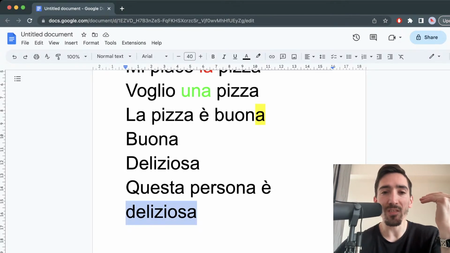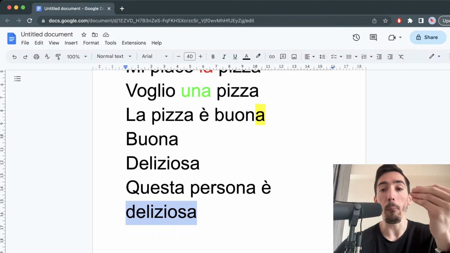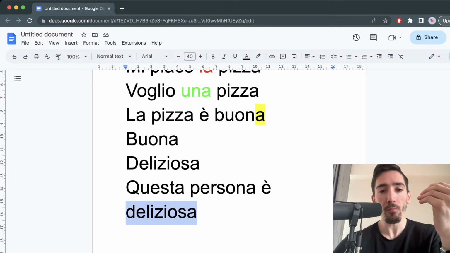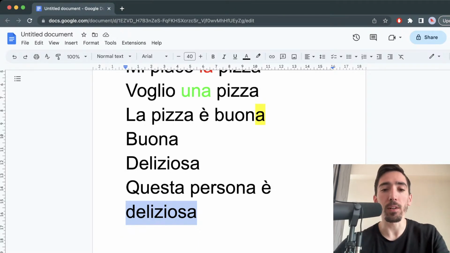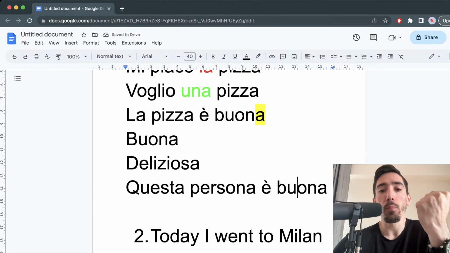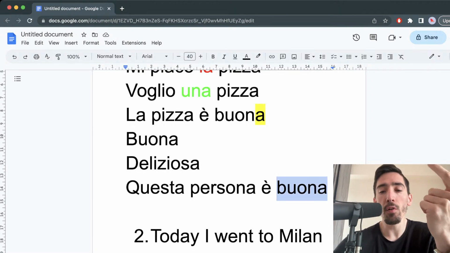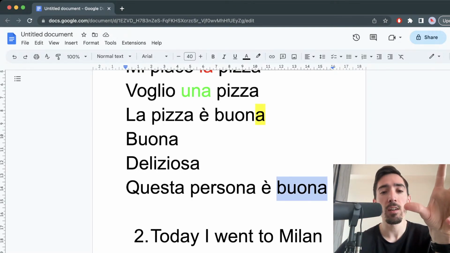Delizioso is always used in the realm of being delicious, being good in terms of being tasty, while in fact questa persona è buona, this means that it's a good person, meaning good at heart, not good in terms of tasty. So buono can have many meanings.